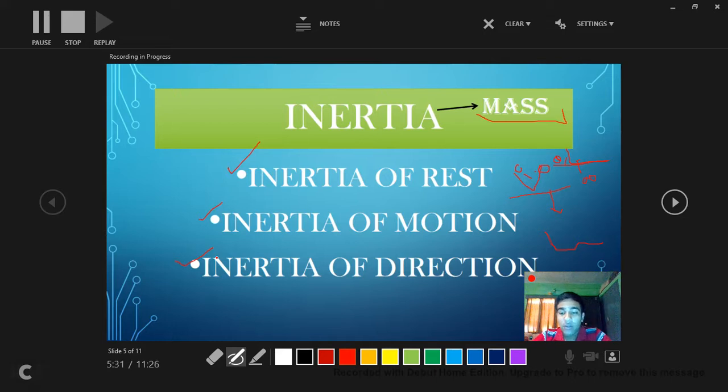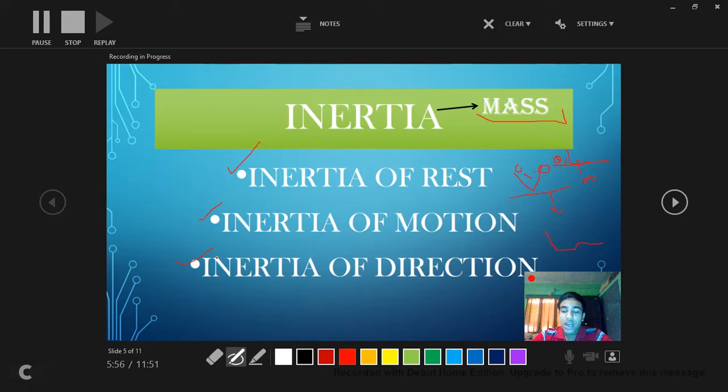But your upper part of the body is in motion with the car, so it is moving with the car. So when the car stops suddenly, what will happen? It will try to resist a change in its motion and it will try to continue its motion. As a result, it will move forward.